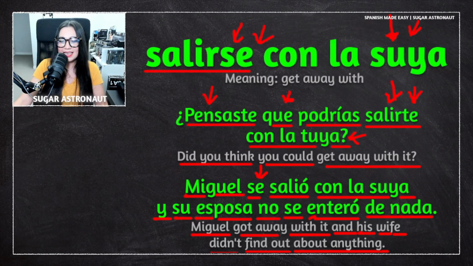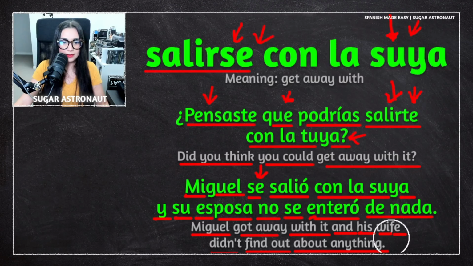So de nada has two meanings there. Nada means nothing. De means of or from. But de nada, the whole phrase, means in this situation about anything. Okay?